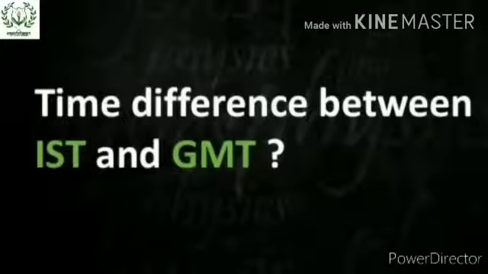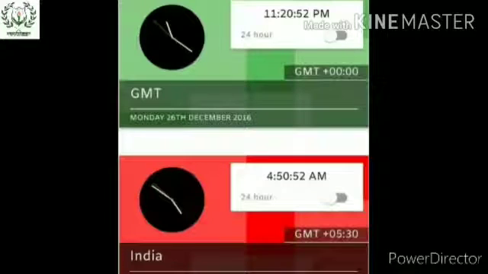In India, the longitude of Allahabad, which is 82.5 degree east, is taken for calculating the standard time. This standard time is known as Indian Standard Time, IST. The Indian Standard Time is 5.5 hours ahead of the Greenwich Mean Time.